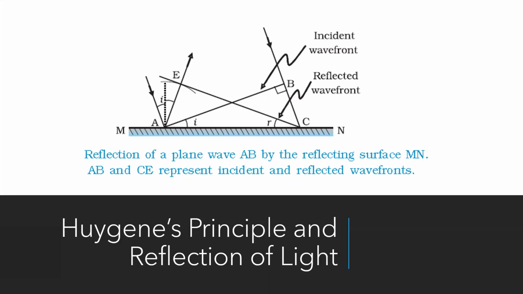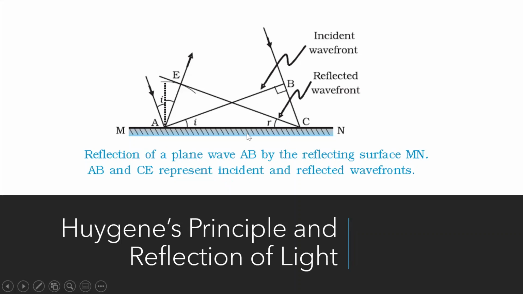And do you remember the law of reflection? What is the law of reflection? Angle of incidence equal to angle of refraction. Yes, angle of incidence is equal to angle of reflection. I will just explain this figure to you.